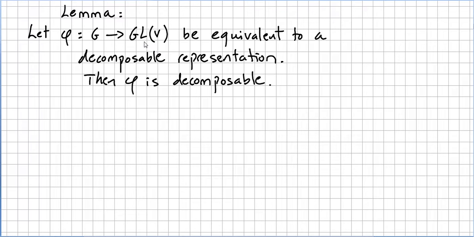So this video is still on the course of representation theory, and we are on the chapter of group representations. I'm going to introduce a quick lemma here. Let phi be a representation from the group G to the general linear group over the vector space V. Let phi be equivalent to a decomposable representation.